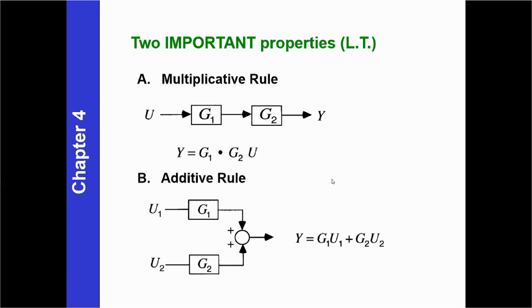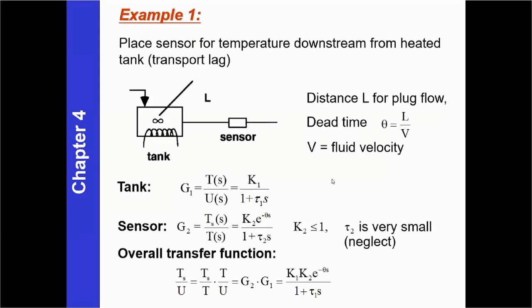Similar to the electrical system in series and in parallel. So in this case, if you place a temperature sensor downstream from the heater tank, with the transport leg of length L, this is the time it takes for the measurement to go from the sensor to the tank, with dead time theta equal to L over V, where V is the fluid velocity.